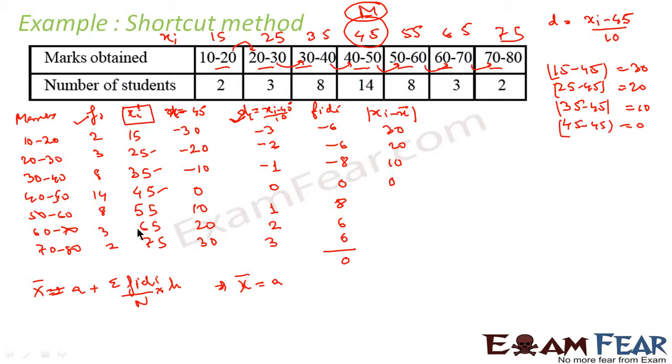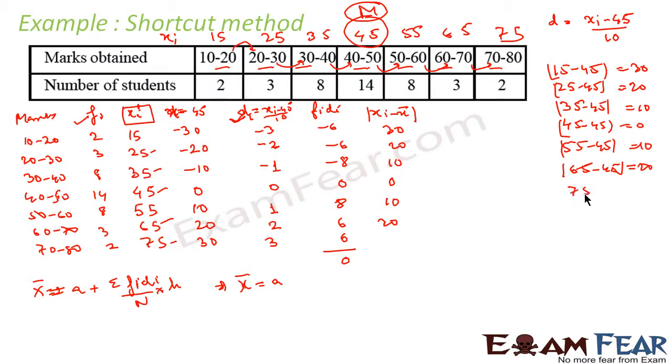Correct? This guy is 0. Similarly, next is 55. 55 minus 45 mod is again 10, because we are taking only the positive part. This guy is 10. Next guy is 65 here. 65 minus 45 mod is nothing but 20. This guy is 20.